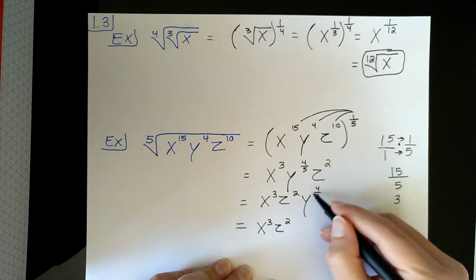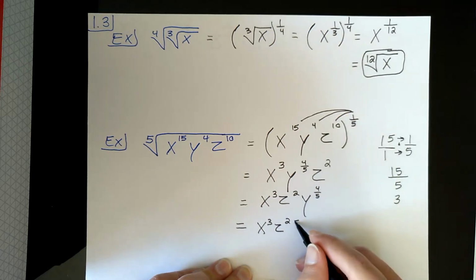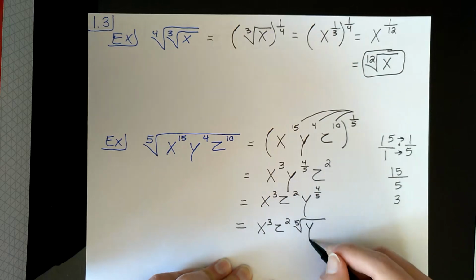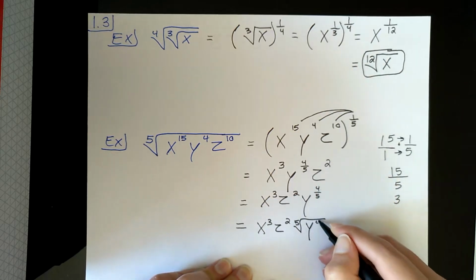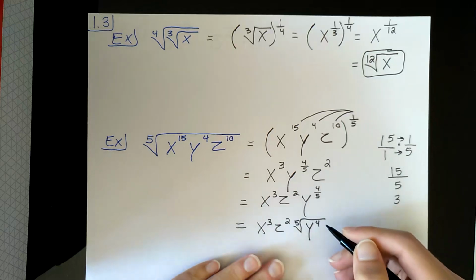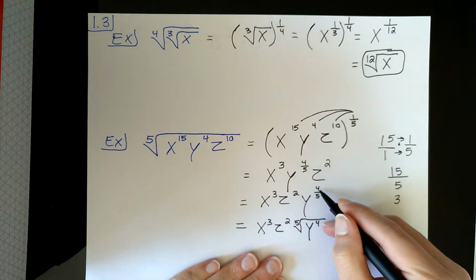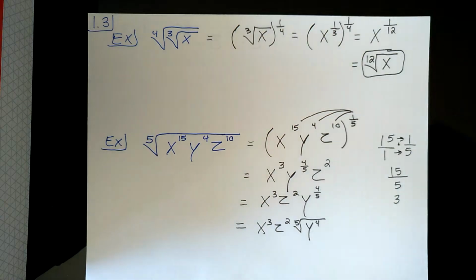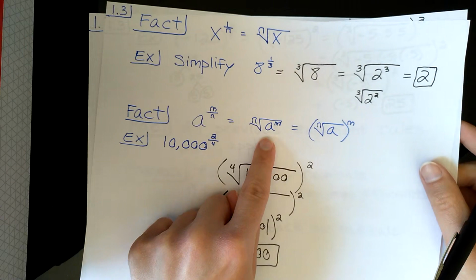This is going to change with a fifth root. So we have the fifth root of y to the numerator, y to the 4th. Remember, this was the first way that we talked about changing rational exponents to radicals. And in fact, I think I can bring it right here. This is what we did right here.